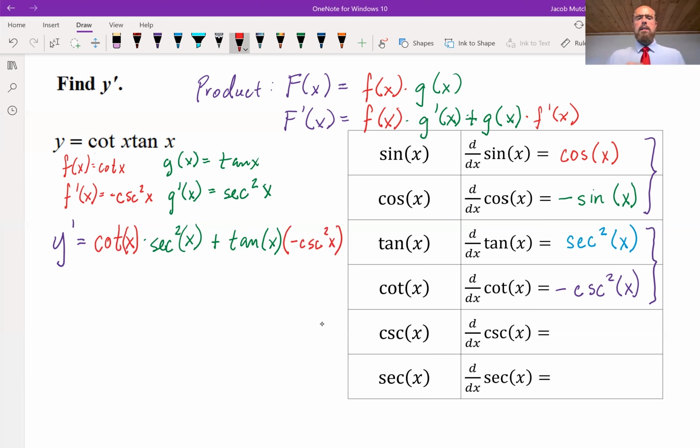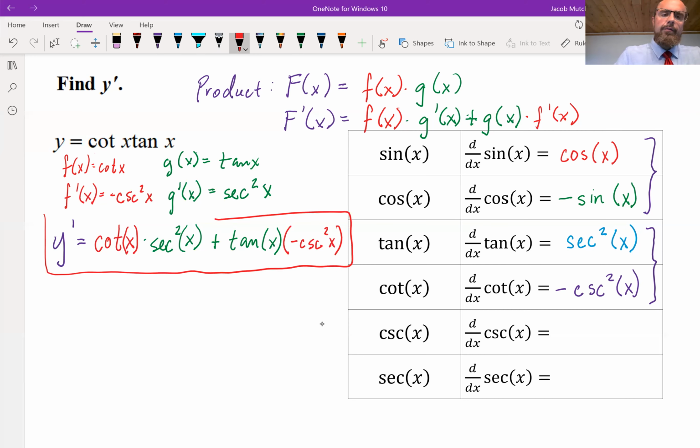Now we could box that and say that's that. Or we could try to reduce that down and see really what is that when I simplify these trig expressions. So we'll box it, but let's see if we can find a more simplified form.